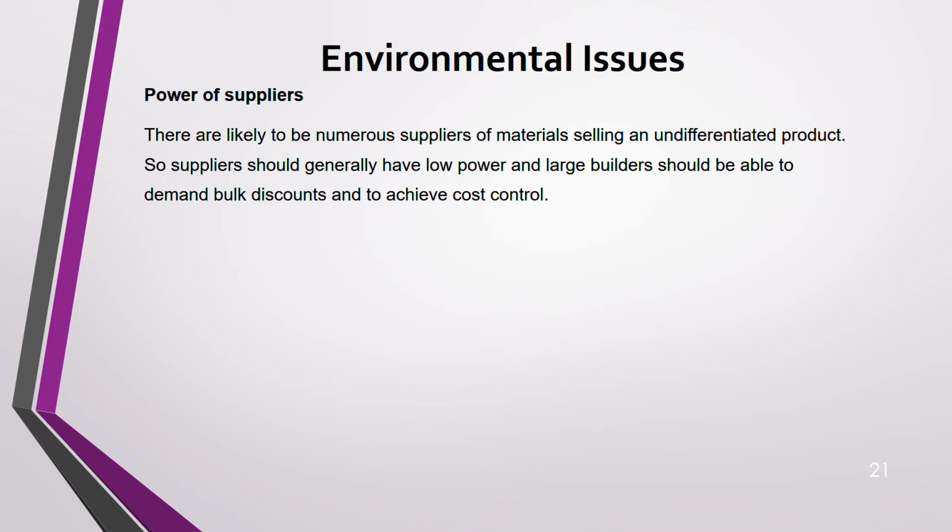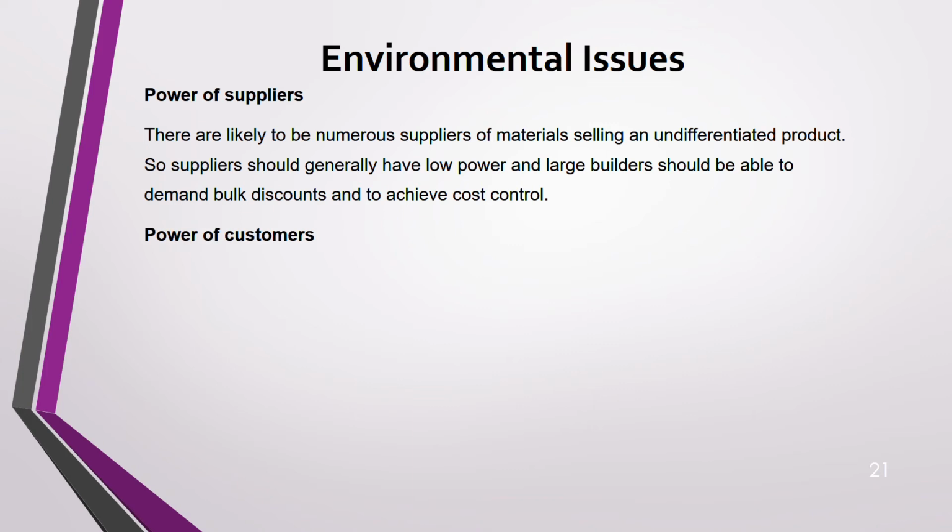Suppliers have low power. Large builders have high power, so they will be able to demand bulk discount and also achieve the cost control. Buyer is going to get benefited by this. They will be able to demand bulk discount also because you are giving an undifferentiated product. You are not a differentiated unique product, so you can demand bulk discount also and achieve the cost control also. Easily you can control your cost.